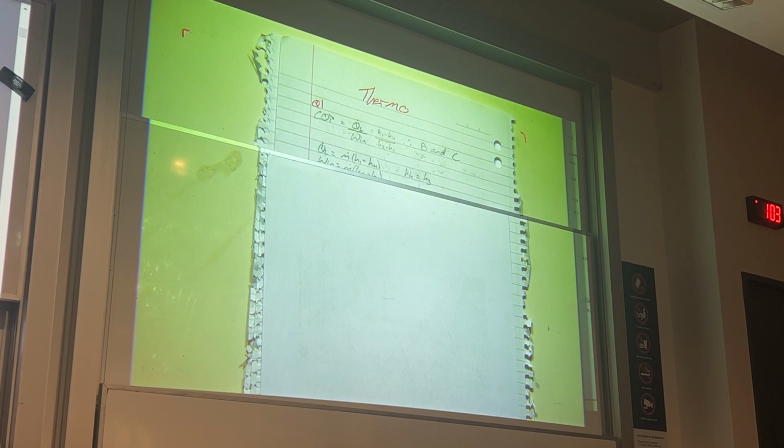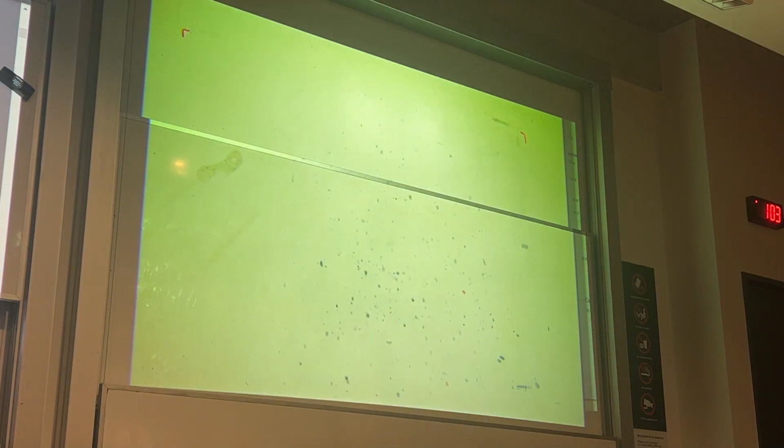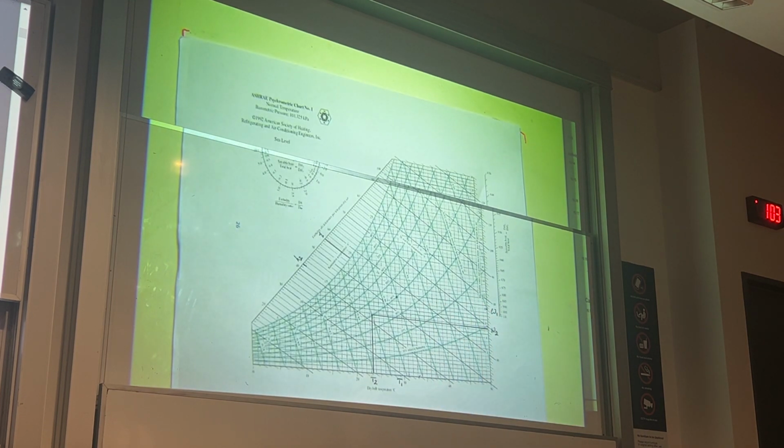So you'll be given your psychrometry chart. So it's this one here. Anyway, just look down the bottom. So I've already annotated it. Sorry if it's not clear to see, I'll try to print in colour.